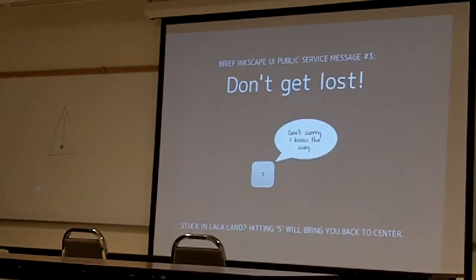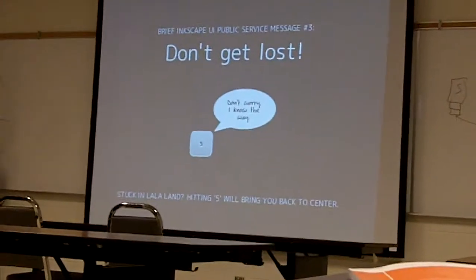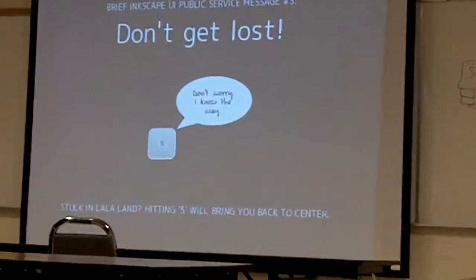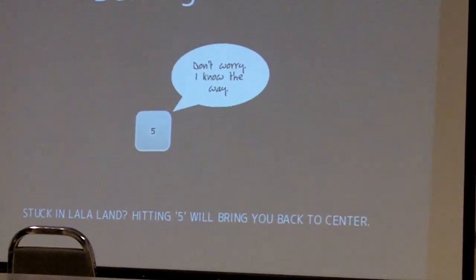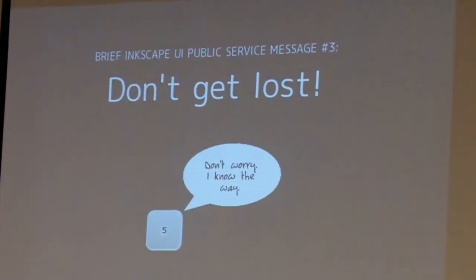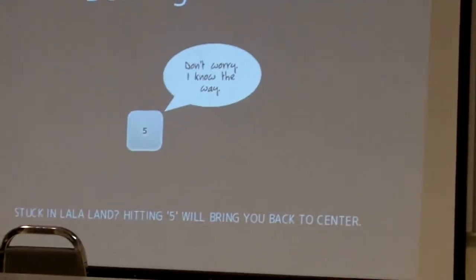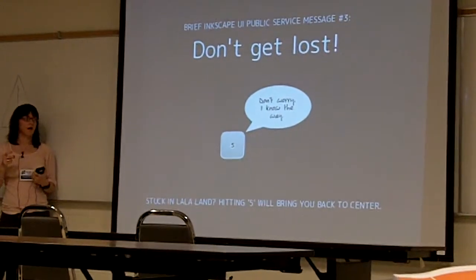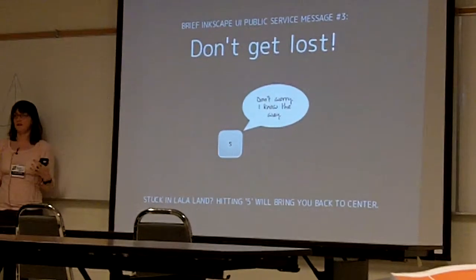Okay, and then this is my last public service message, and I kind of mentioned this a little earlier: if you get lost on your canvas, just hit 5. And I'll show you a little bit later a few of the files that I use for my mockups. In short, when I create mockups in Inkscape, I have one source file, an SVG file, and I might have like 20 different screens in the same file.